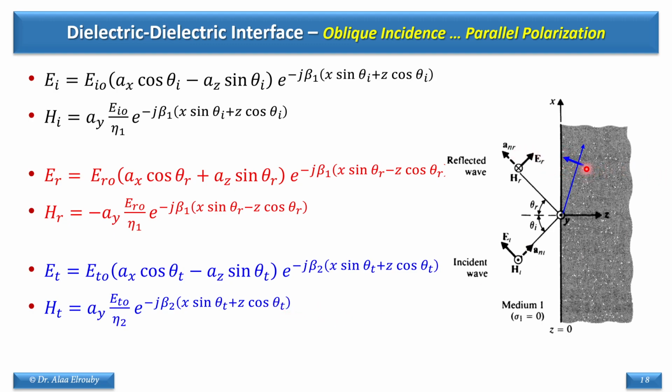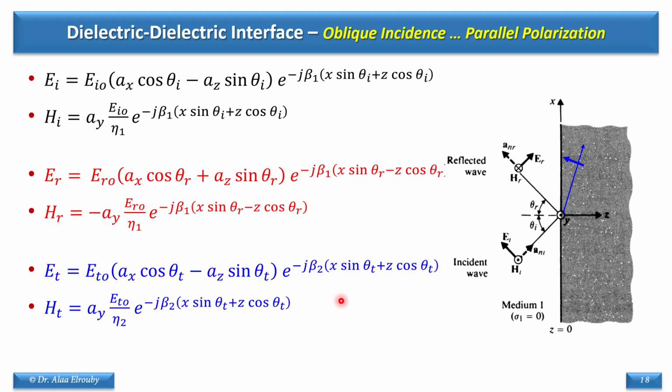It is propagating in the direction which is positive Z and positive X, and we find the transmitted magnetic field using the same relation. So those are the three waves that exist: incident, reflected, and transmitted waves.